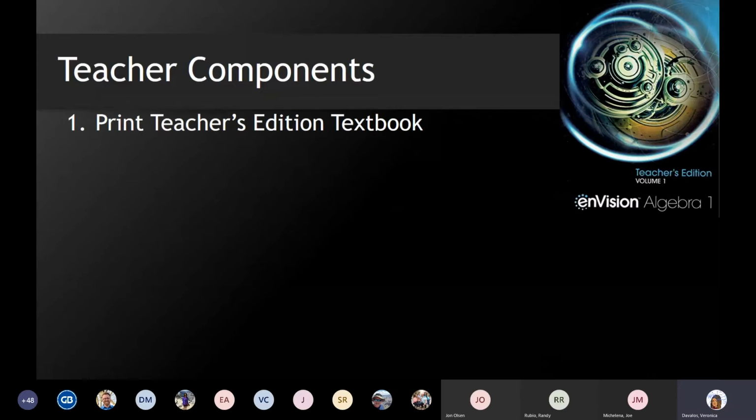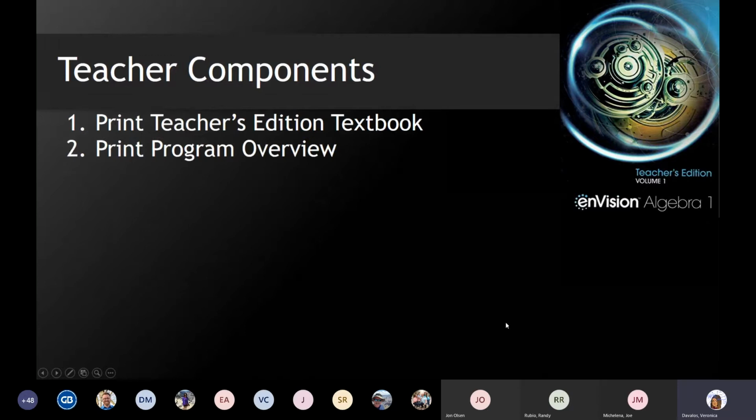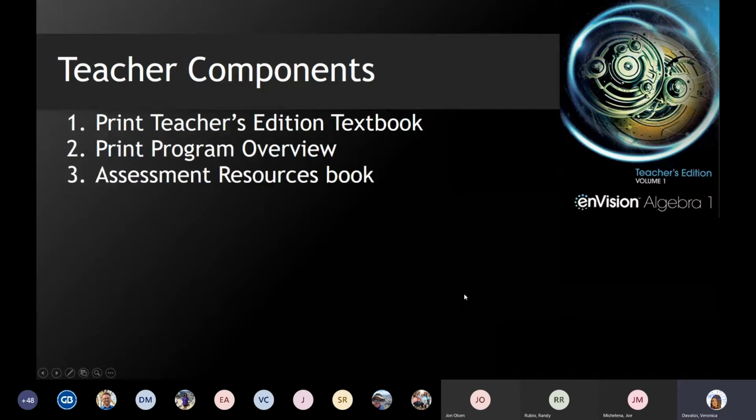Teacher components. Teachers will be getting their print teacher's edition textbook. It comes in 2 volumes. They'll also be getting a program overview of the entire Algebra, Geometry, and Algebra 2 sequence of topics, just so that they're aware of everything that is happening, not only in their class, but in the rest of the classes.